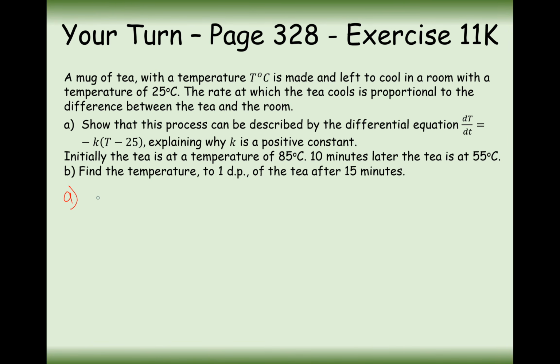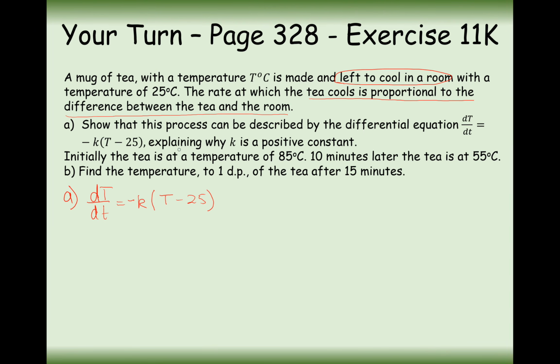So the rate at which the tea is changing is proportional to the difference between the tea and the room. Now I assume here that the tea has had to be boiled to a higher temperature than 25 degrees, so it's the difference between T and 25. Now it's left to cool, so evidently the temperature is decreasing by some proportion.